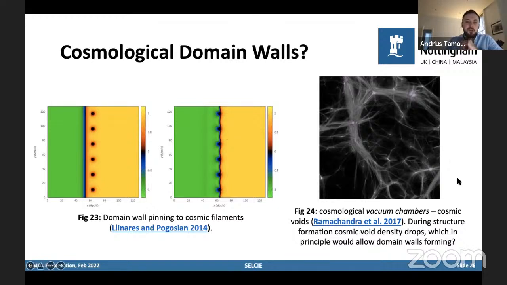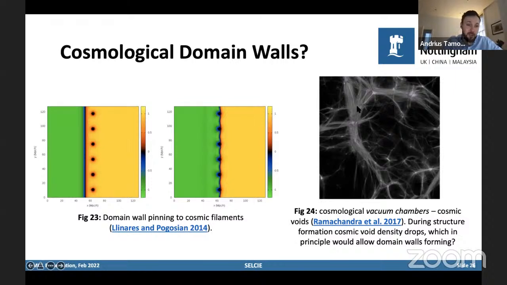One question we're quite interested in is this: we know the case of the vacuum chamber, where you pull the air out of the vacuum chamber and could in principle make these domain walls manifest. The question is, could you have something like that in cosmic voids throughout structure formation? The density inside the voids gets lower and lower, and in principle, for some parts of the parameter space, you could have a similar type of effect of such domain walls manifesting.